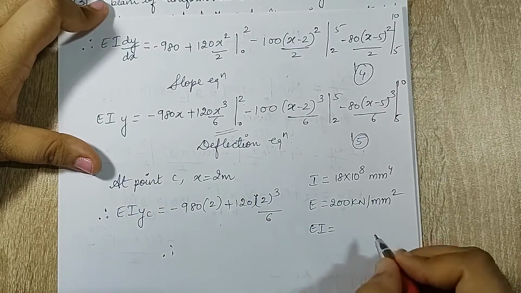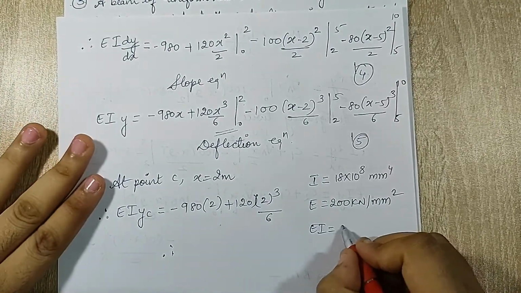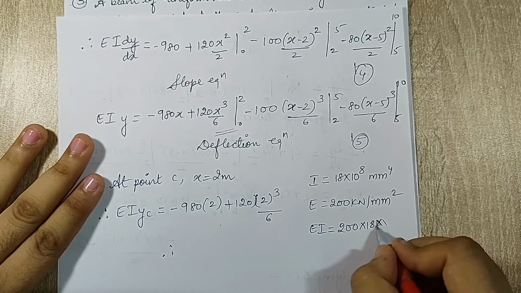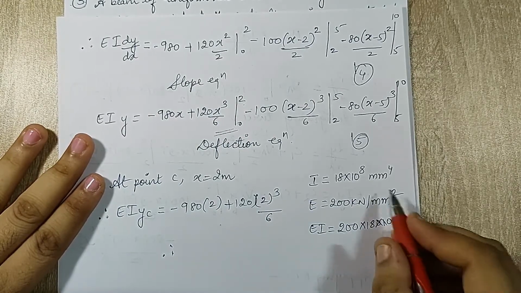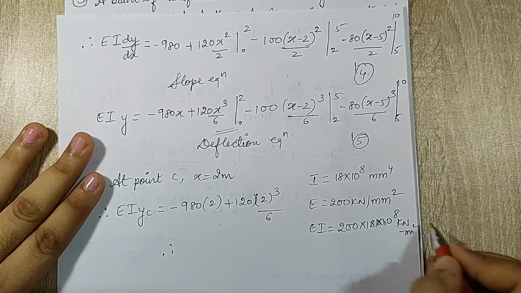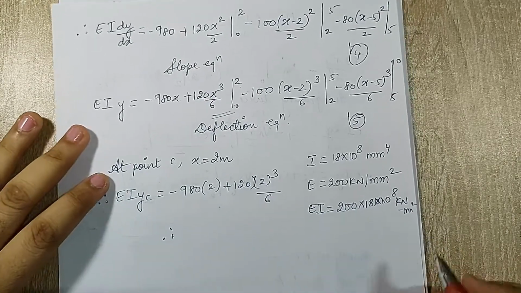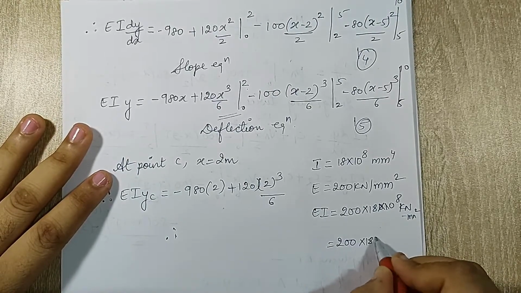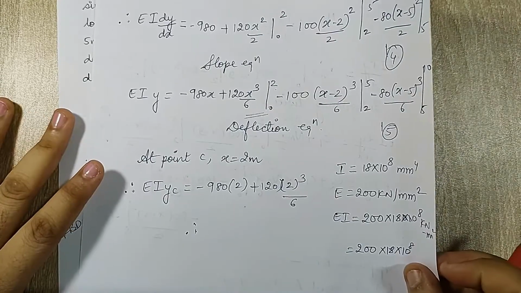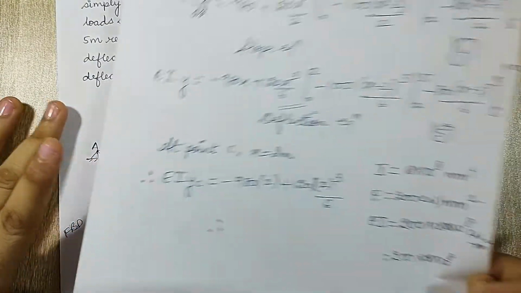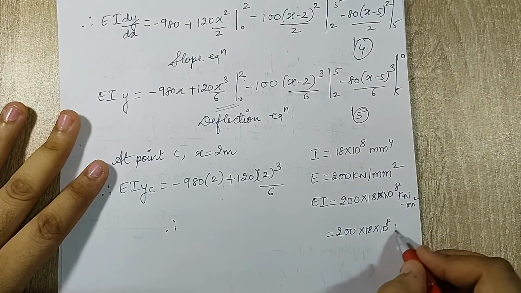Now I'll just multiply simply and show you. E into I is what I need, flexural rigidity. So this will be 200 into 18 into 10 raised to 8. So this unit will become now kilonewton mm square. Now I need to convert this, so I'll get 200 into 18 into 10 raised to 8. Now I don't need to convert kilonewton because all the load is given in kilonewton here. So I'll just leave it to that.